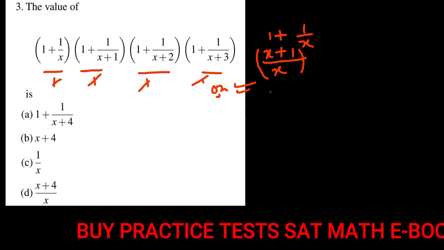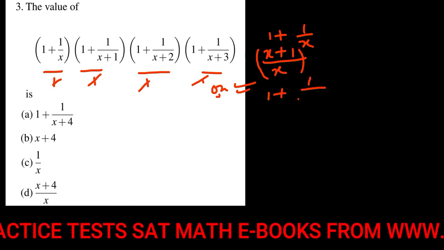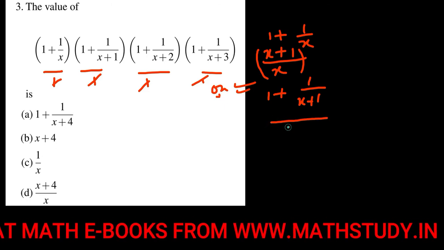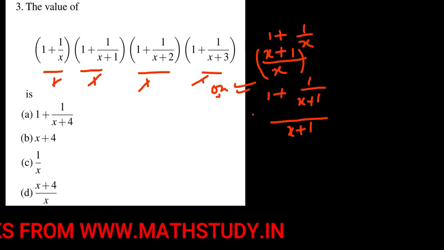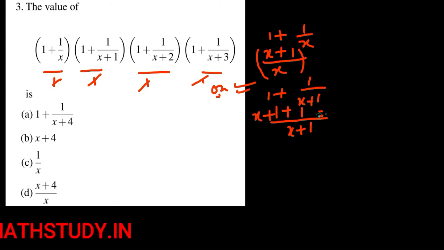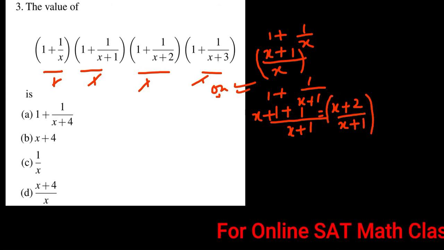Now let us move towards our second term, which is 1 + 1/(x + 1), right? So here we will take the LCM, we will get x + 1 here. Now 1 into (x + 1) is x + 1, plus 1, right? So we will get (x + 2)/(x + 1), right? So this is our second term now.